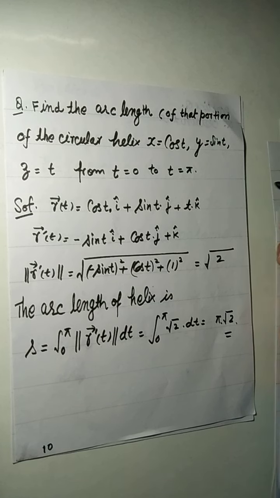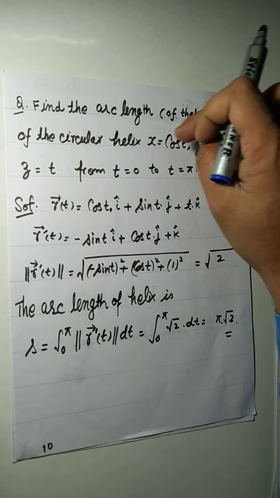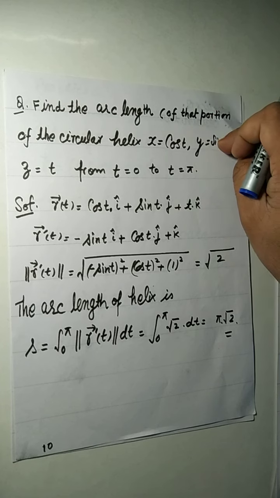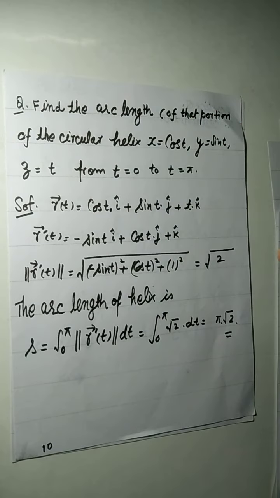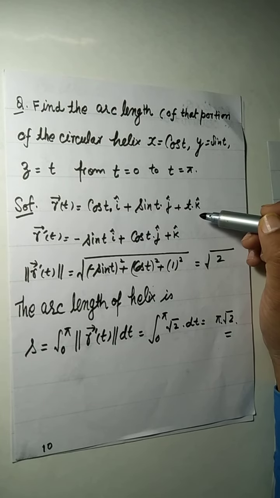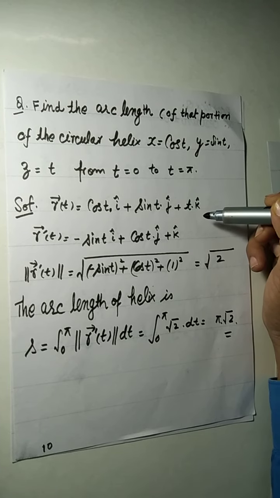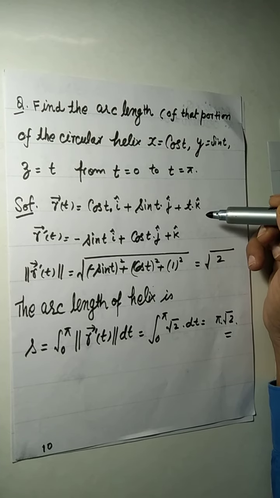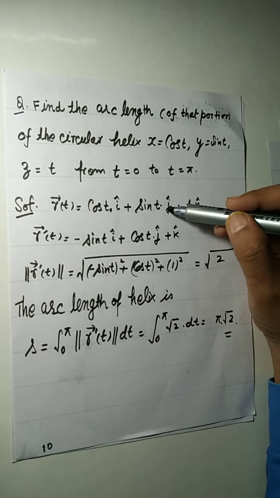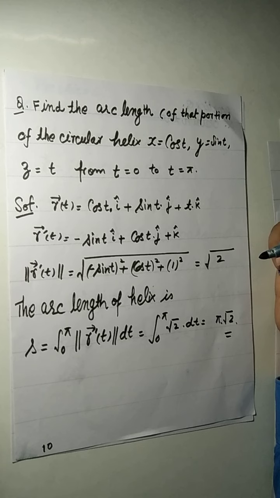The position vector with x equals cos t, y equals sin t, z equals t will be cos t i cap plus sin t j cap plus t k cap, where i cap, j cap, k cap are unit vectors along the direction of x, y and z respectively.